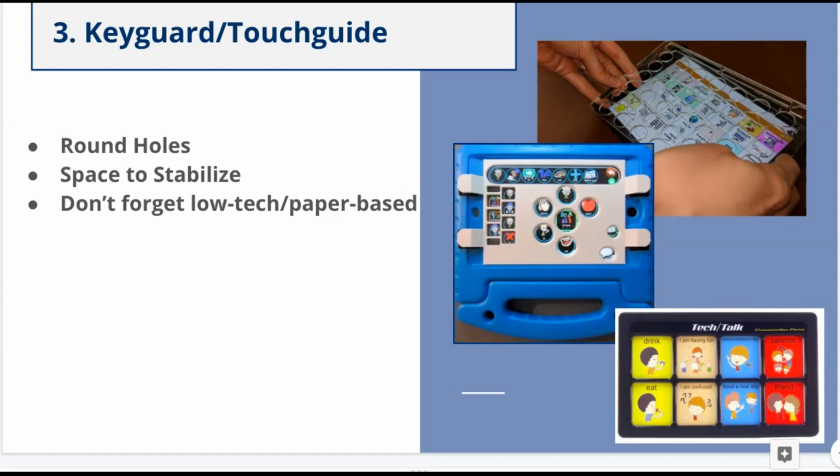And I think round holes reduce the frequency of that and really help develop, especially for a newer user, those isolated points with your index finger or your thumb or whatever you're utilizing to do your direct access.